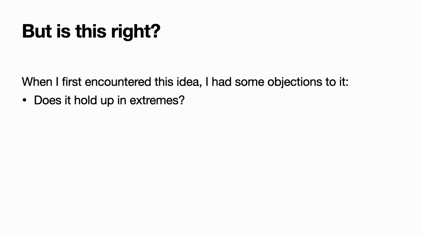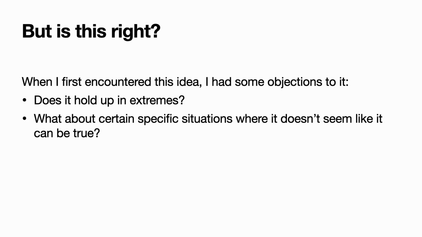Like, does it hold up in extremes? If the trade is highly asymmetrical, would this still hold true? And I do think looking at extreme examples is a good way of thinking about ideas and really challenging whether they're really valid or not. But I'll go more into that in a minute. What about specific situations where it doesn't seem like it can be true?